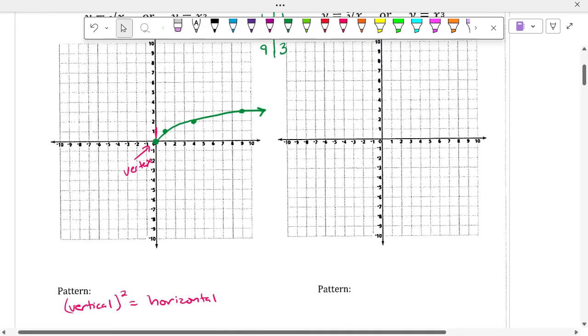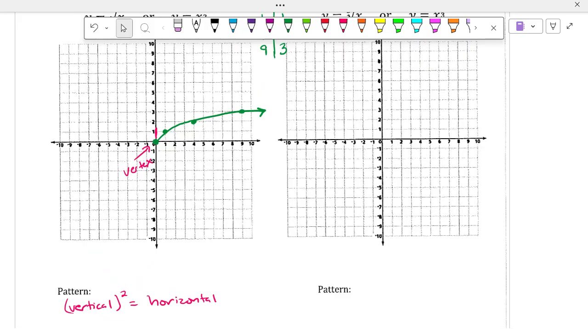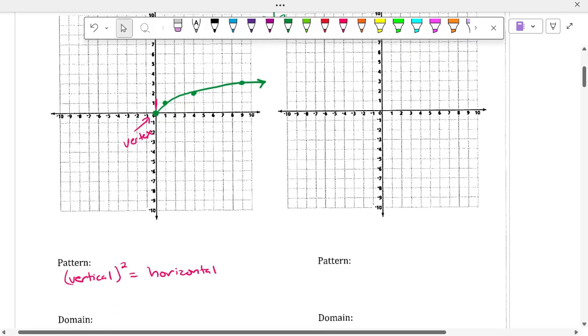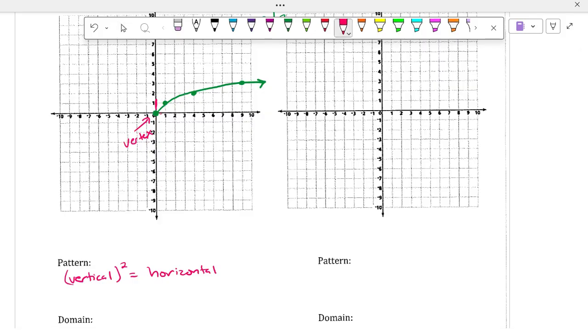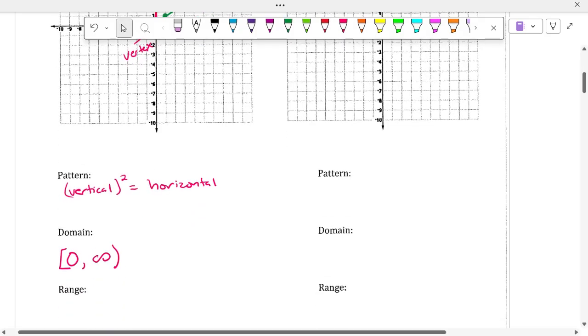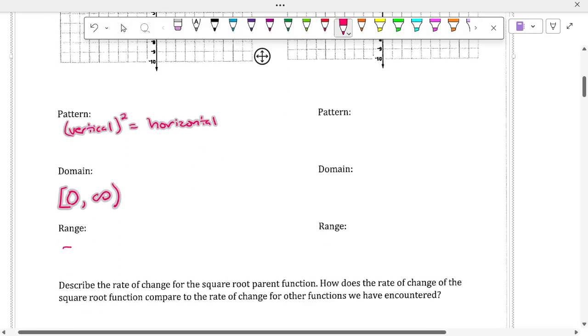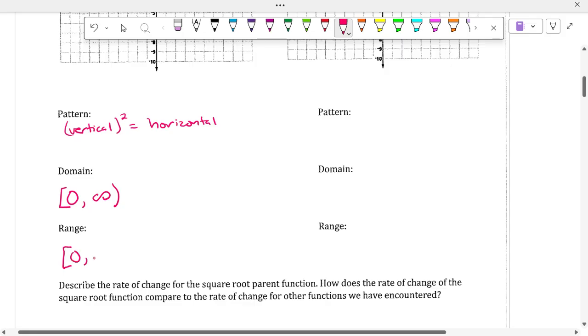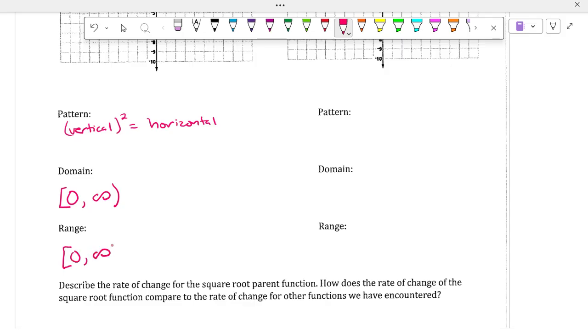What about my range? What's my lowest y value? Nope. 0. If you look, I have nothing in the negative y's at all. I don't have y's start until I'm at 0. So it's from 0 to positive infinity.